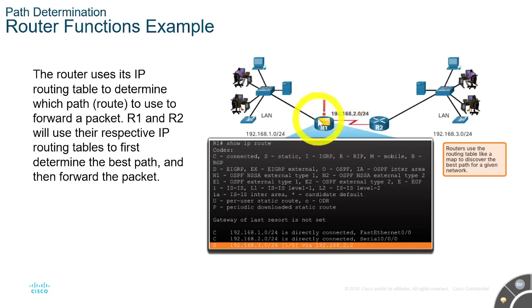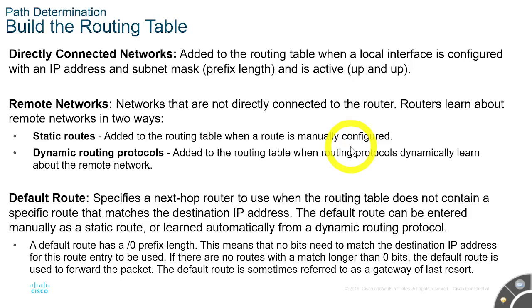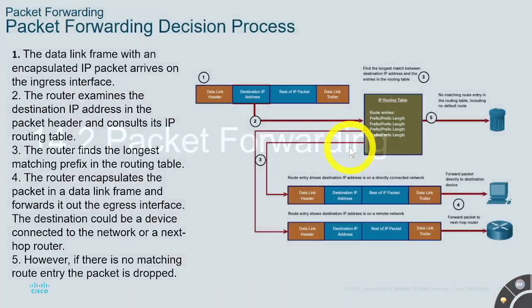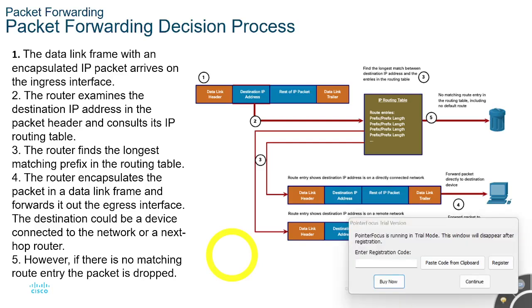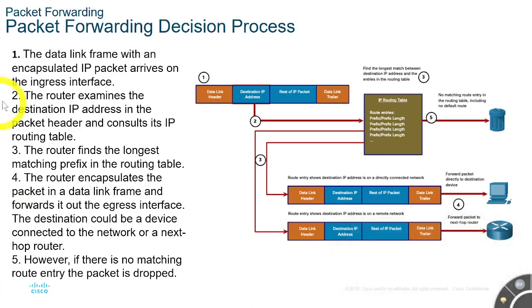Here, for example, is the next hop router, and it could also go this way, immediately to this LAN without passing through this router. However, if there is no match, the router will drop the packet.